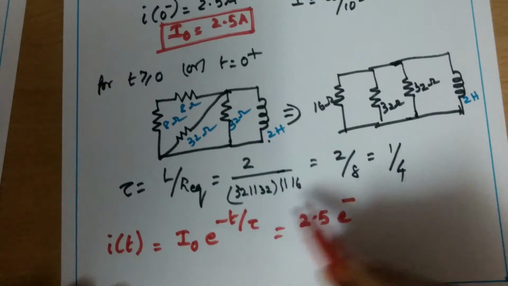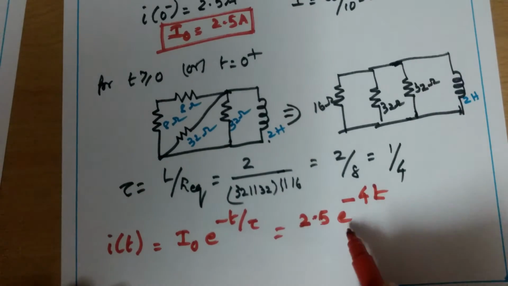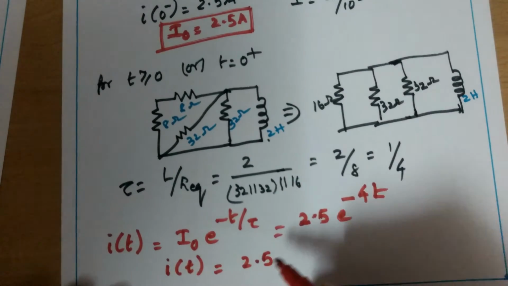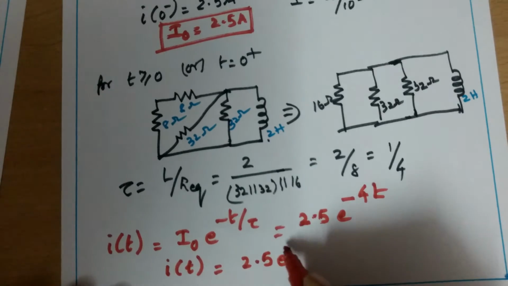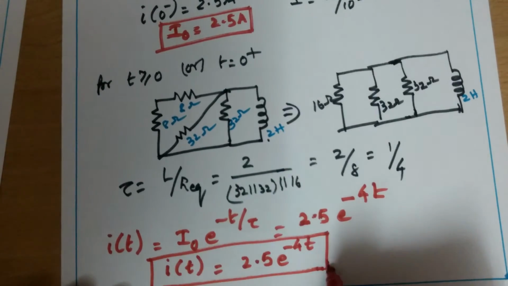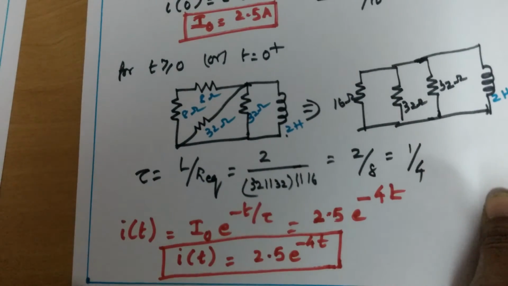So tau is substituted here, so it will become minus 4t. 2.5 e power minus 4t. So this is the current through the inductor for t greater than or equal to 0. So thus we have found out the solution for current for the RL circuit.